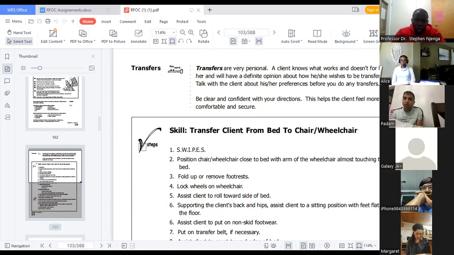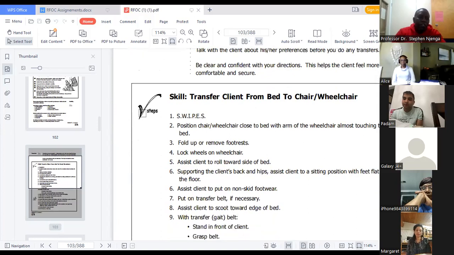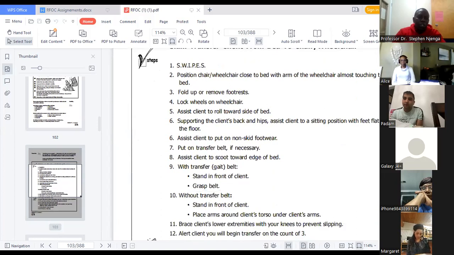Make sure also that you assist the client to put on non-skid footwear. Non-skid footwear, maybe we are talking about socks, the type of socks with small dots underneath. Those are non-skid socks. Make sure you put them on so that they will not slip. Also put on a transfer belt if necessary.